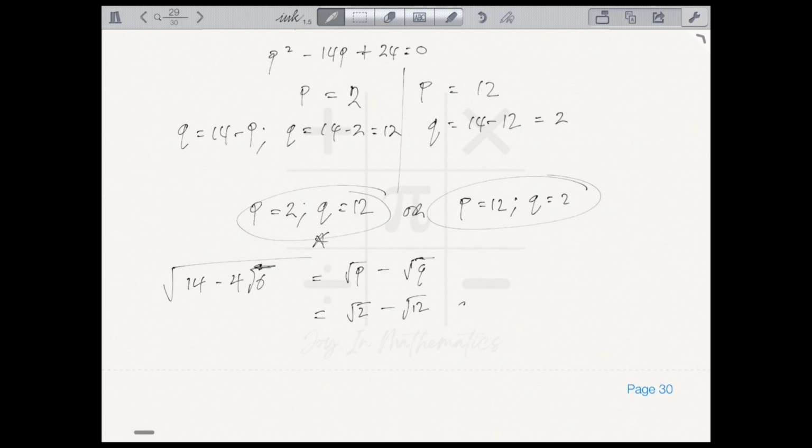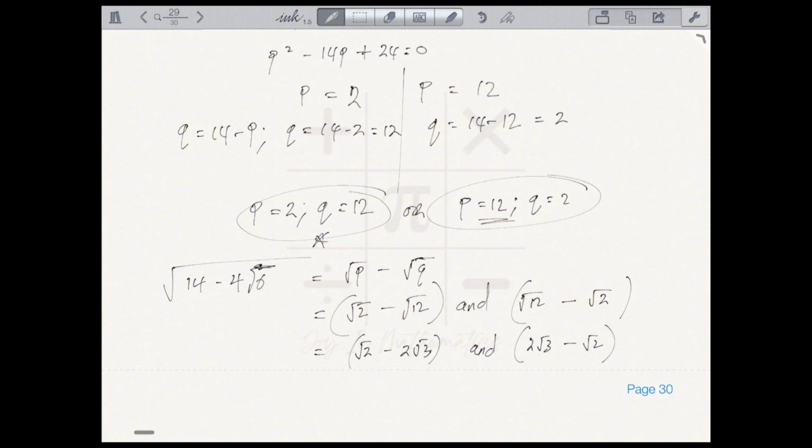And then p, which is 12, minus q, which is 2. So we have two results: root 2 minus root 12 and root 12 minus root 2. If we simplify root 12 further to its basic form, it's going to give us root 2 minus 2 root 3 and 2 root 3 minus root 2.